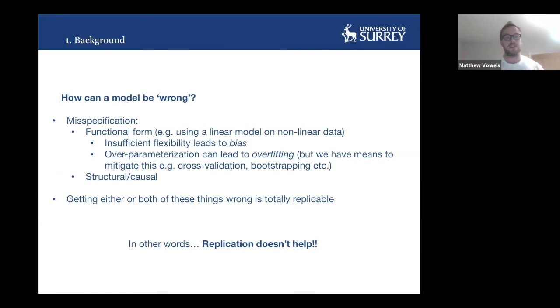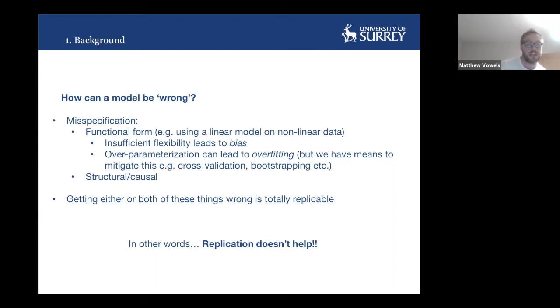But the alternative is a too highly complex model, which leads to underspecification, overparameterization, and possibly overfitting, although we have means to deal with overfitting by doing things like cross-validation, leave-one-out cross-validation, train-test splitting, bootstrapping, and so on.